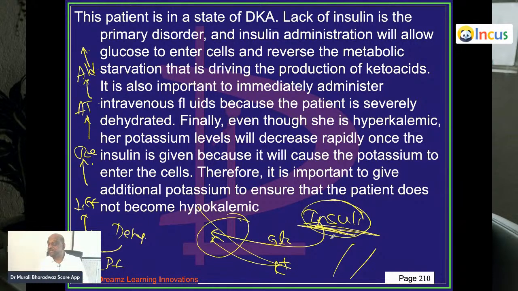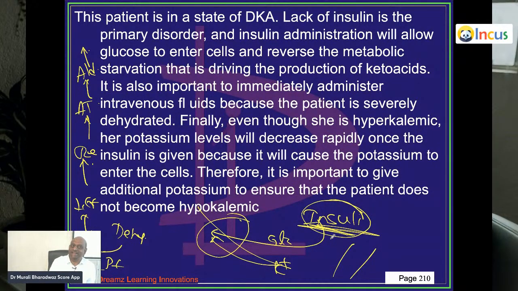What will you tell Sister Lily? Hey Lily, please send potassium. Not only sending, call the lab and find out the potassium value, right? After 2 hours, once more ask Lily to send the potassium value, and then ask how much it is. Now Lily will say, doctor, potassium came down.